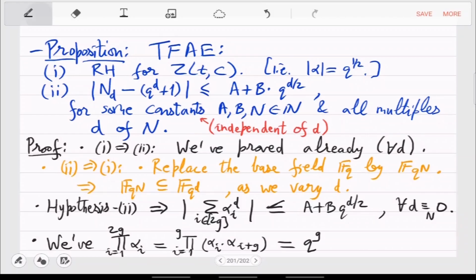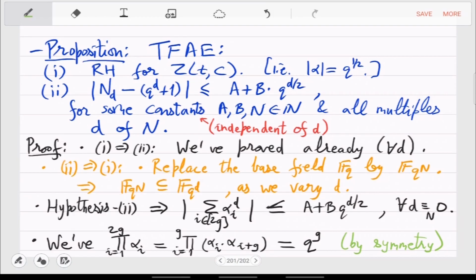This is by symmetry, or by functional equation symmetry. So the product is actually q raised to g. This is a strong information available.